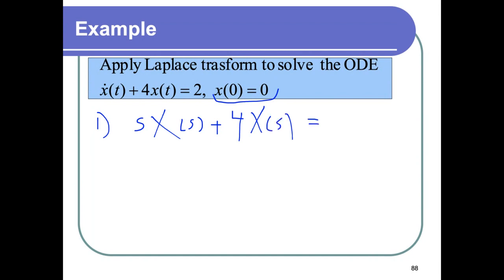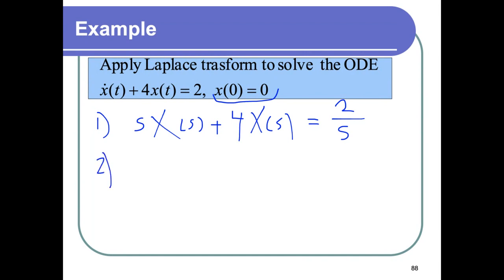Can somebody help me with this part? It's 2 over s, right? Exactly, Faisal. Thank you.